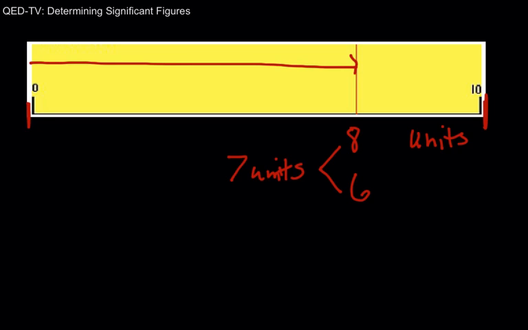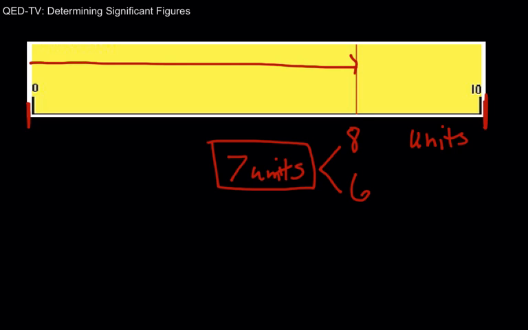Now this is one Sig Fig. This measurement has one significant figure. There's only one digit in the entire answer, and it's significant, and it happens to be our estimate. Remember, Sig Figs are all the digits that you know for sure, and one digit that's an estimate. If you only have one digit, then it is your estimate.